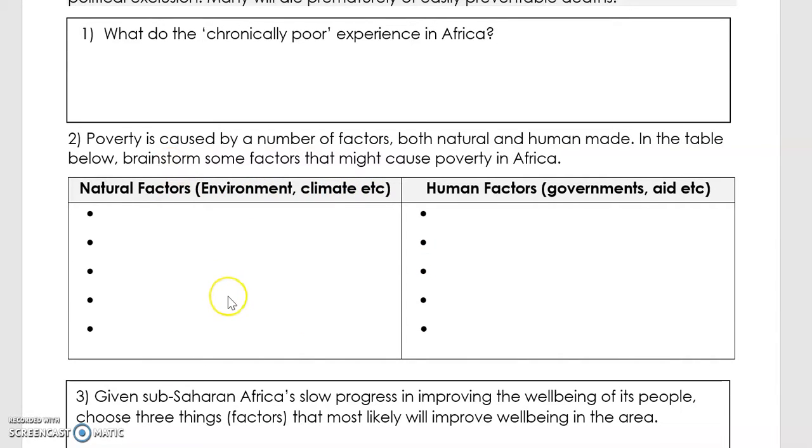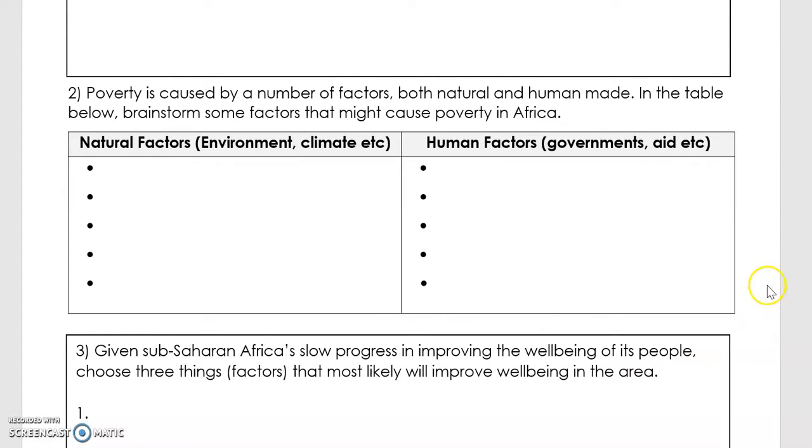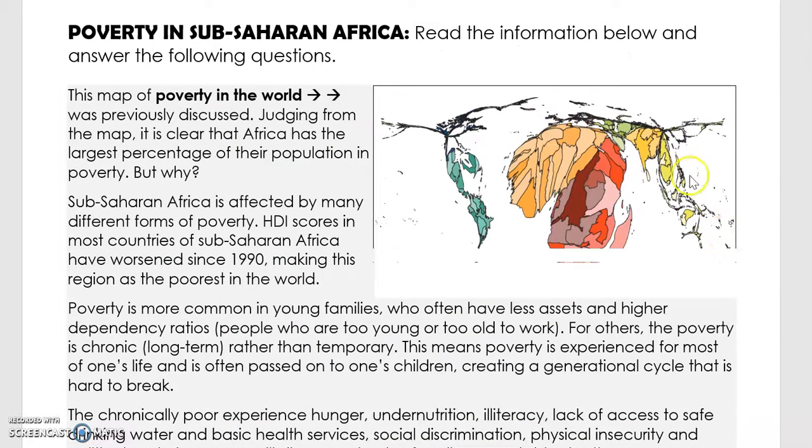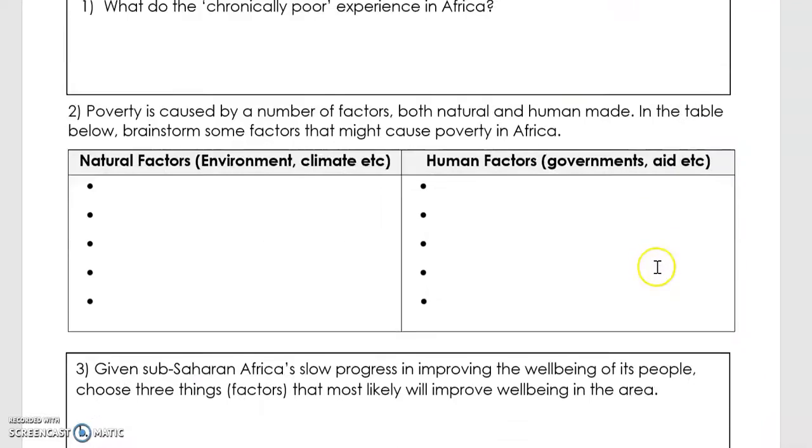How does that actually impact poverty and how people make money? And also government and aid, looking at if the government has any corruption or if there is foreign aid that actually helps that country. So brainstorm some indicators here, brainstorm some ideas that might help explain why Africa or this sub-Saharan region has the highest level of poverty in the world.